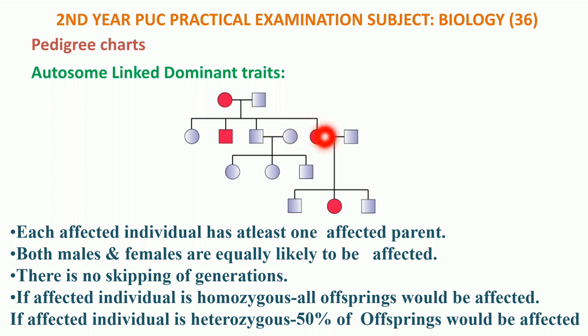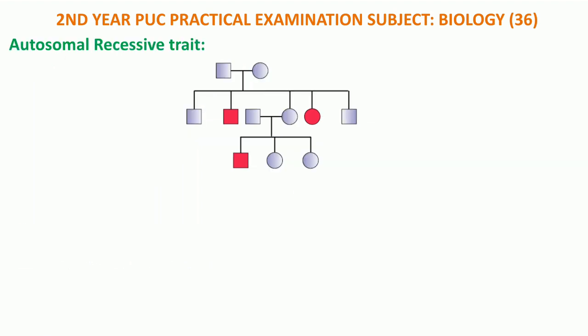Both male and female are equally affected and there is no skip of generations. If the affected individual is homozygous, all offspring would be affected. If the affected individual is heterozygous, 50% of offspring will be affected. These are the points you have to write for autosome linked dominant trait.